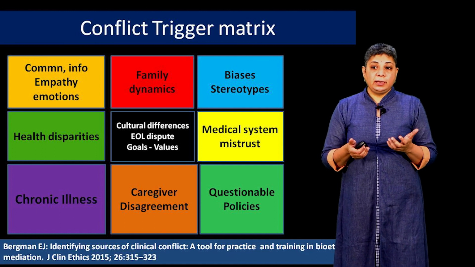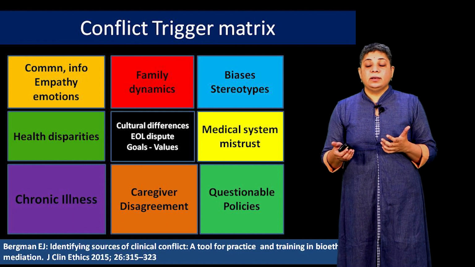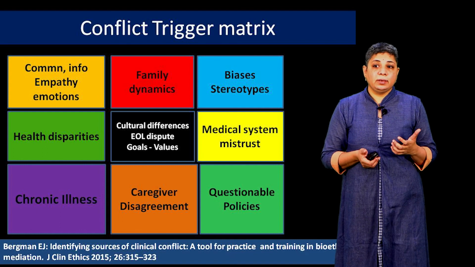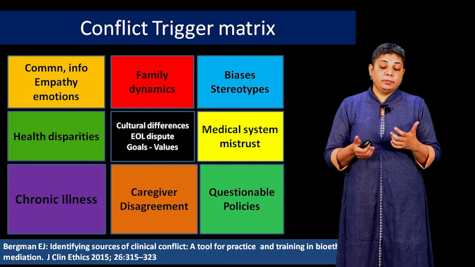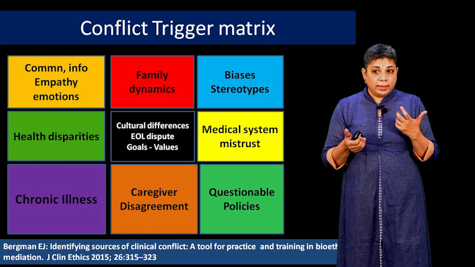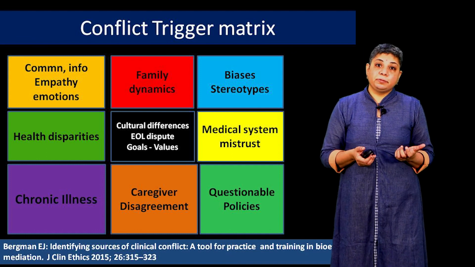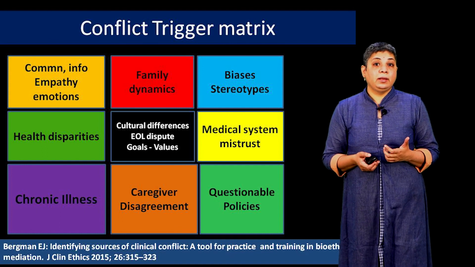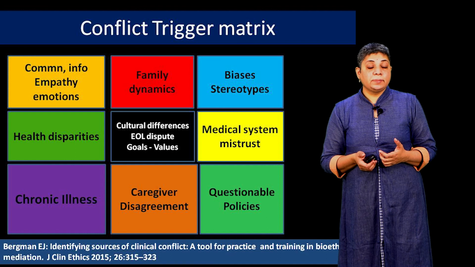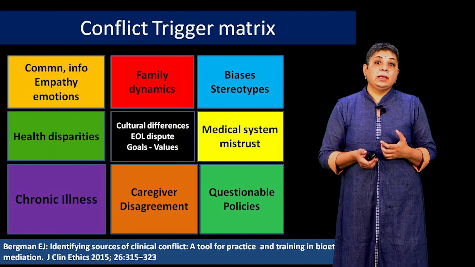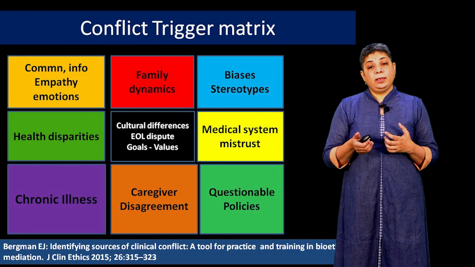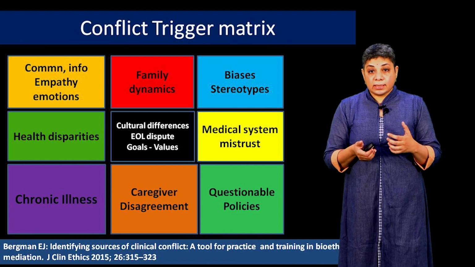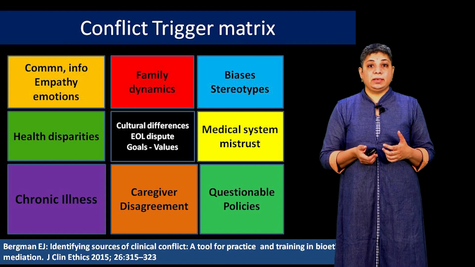It has things like family dynamics, medical system mistrust, cultural differences, caregiver disagreement, communication failure or information, empathy, health disparities, presence of chronic illnesses, and policies, how good or questionable hospital or ICU policies are. So this is one matrix, a tool for us to understand where this conflict is coming from. It's very important for us to understand this.